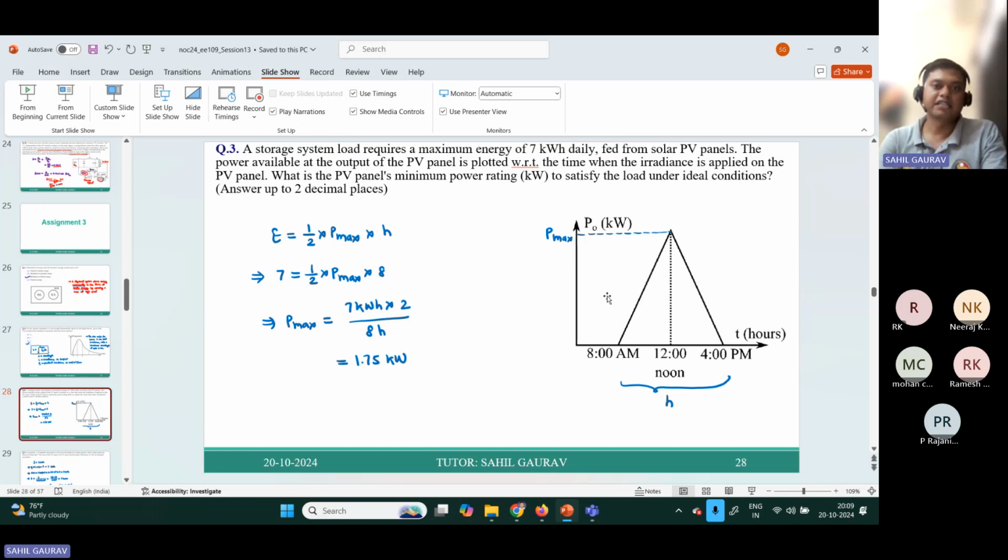So they're asking about the minimum power rating. So we can find the energy being supplied by the PV panel. The energy being supplied by the PV panel is the area of this PT curve. So the area of the PT curve will be half into base into height. So base is the number of hours, that is h, and this height is P max. So half into P max into 8, and this is the energy.